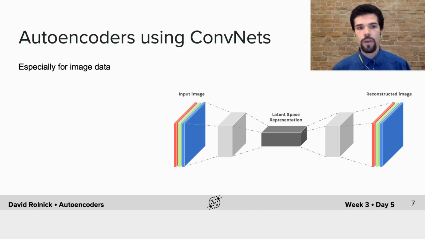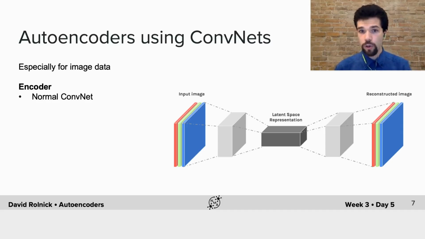So the encoder is going to be a normal ConvNet, i.e. alternating convolutional and, typically, max pooling layers. The decoder, though, is going to go from a lower dimensional representation back to a high dimensional image. And so that's tricky using a normal ConvNet, because a normal ConvNet has all these max pool layers, which are reducing the dimensionality. How do you go backwards from lower dimensional to higher dimensional?